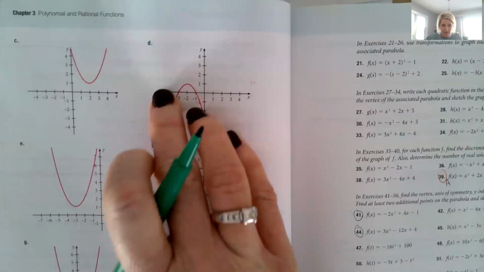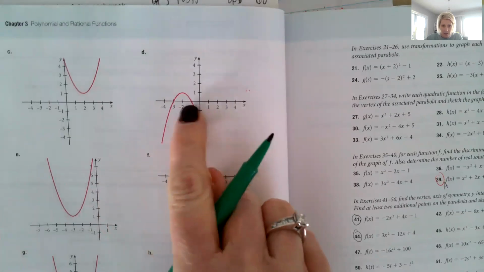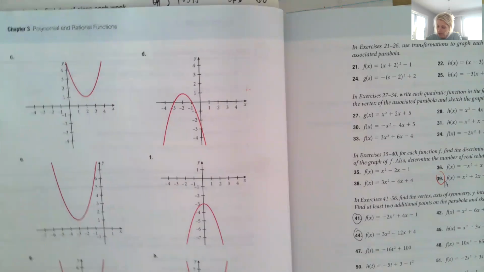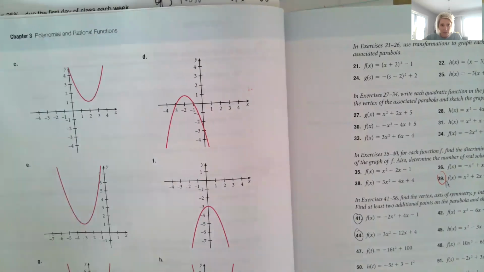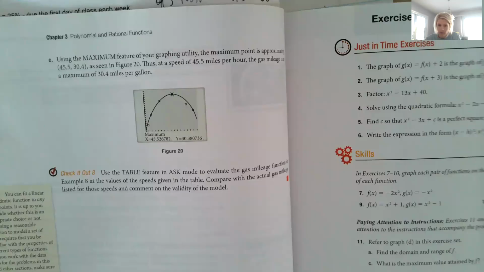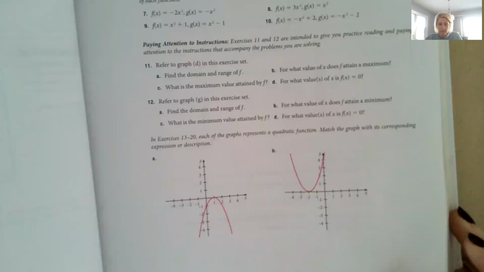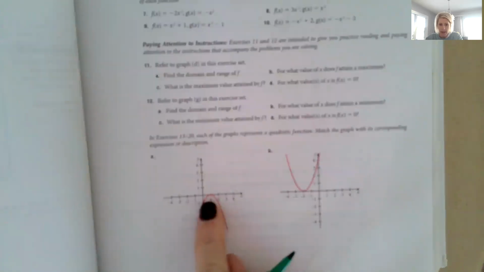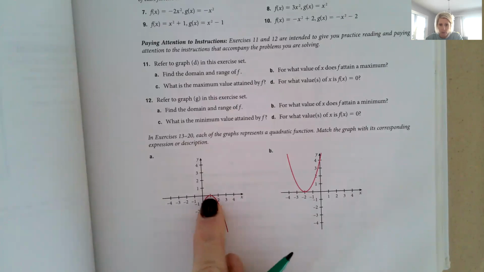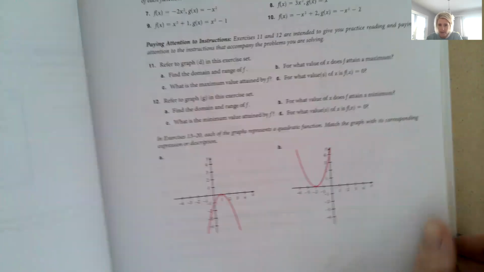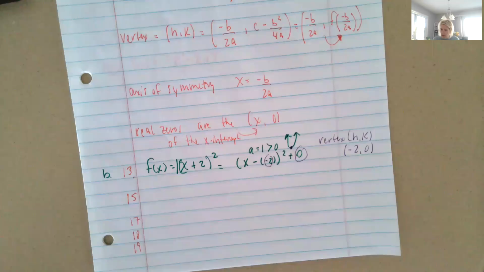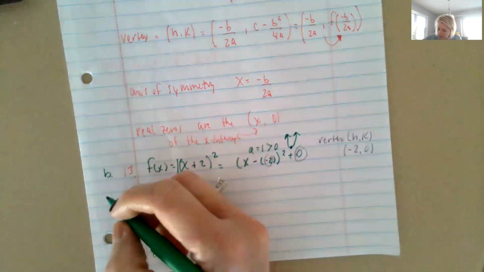And D is face down, but it's shifted 2 to the left. And it's not C because that's face up. Let's look. It looks like it's letter A. It's face down and the vertex is shifted 1 to the right. So 15 is A.